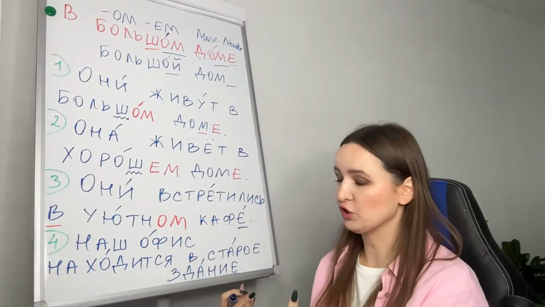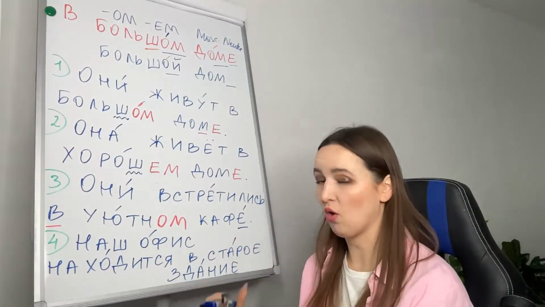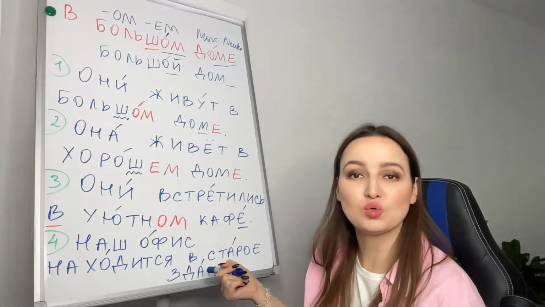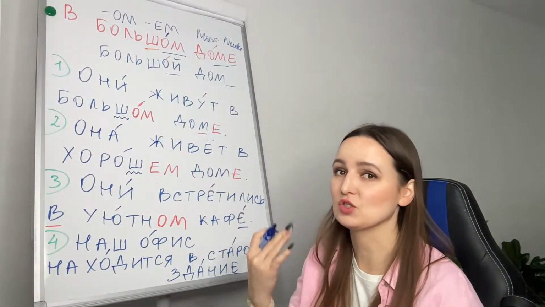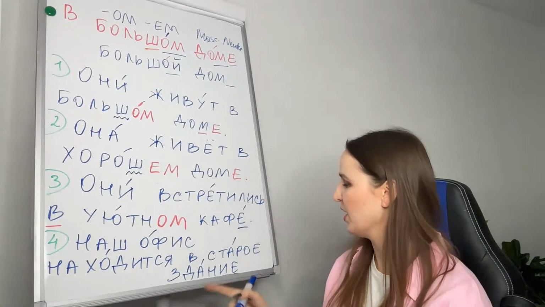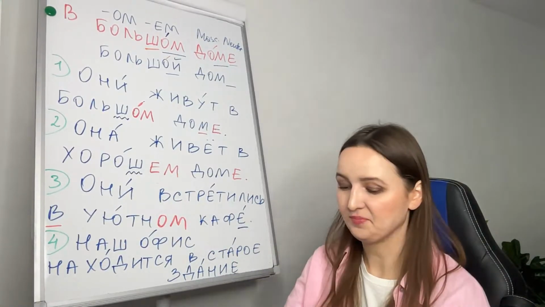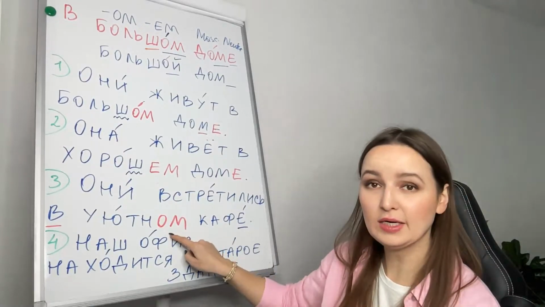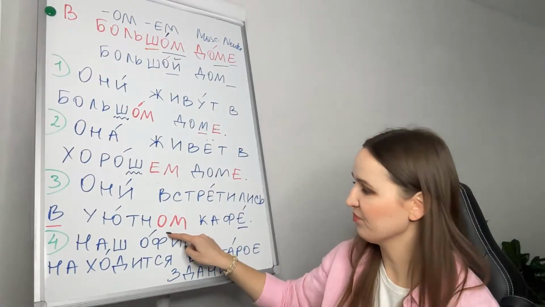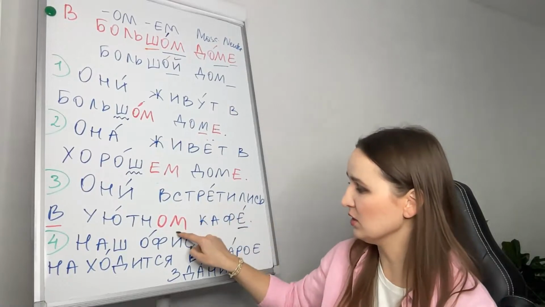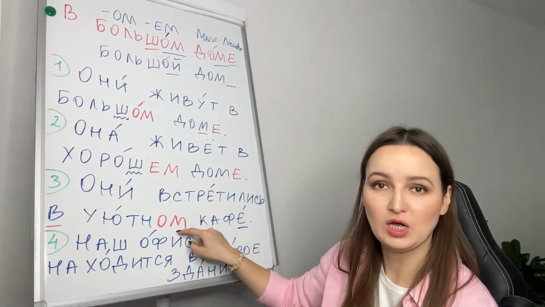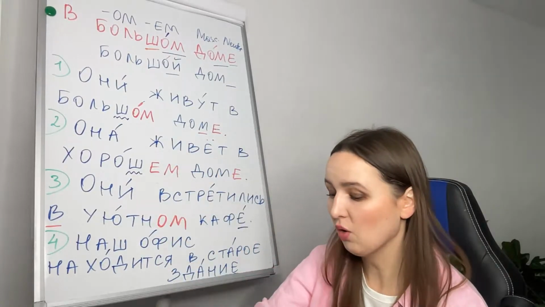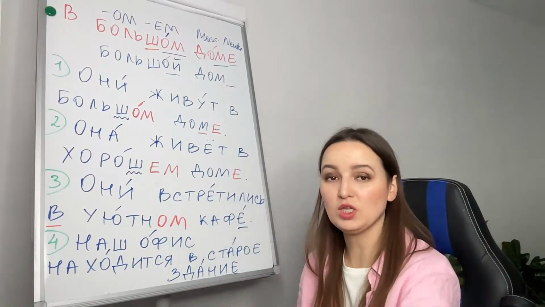But because the question is where is located our office, where, that means that this adjective and this noun should be in prepositional case. It answers the question where, где. Старое здание. So, OE will be replaced with OM because it's neuter, and to make a neuter adjective prepositional, to change its case, we have to replace OE with OM.